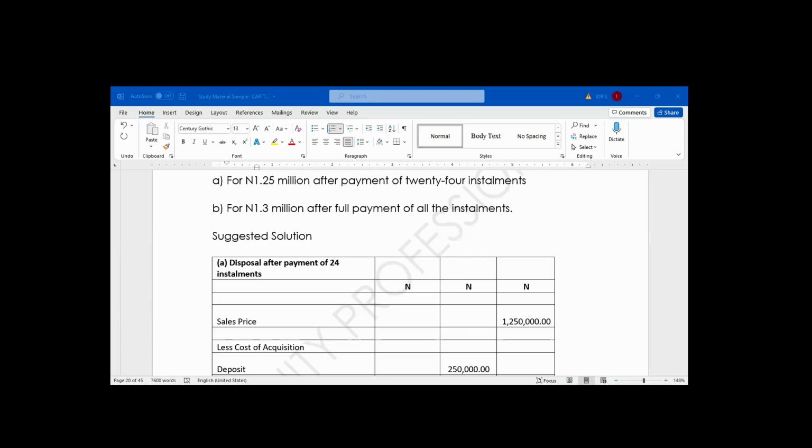Thank you very much. So let me open the Excel solution for us to understand better, so that we can solve the question from the Excel solution.